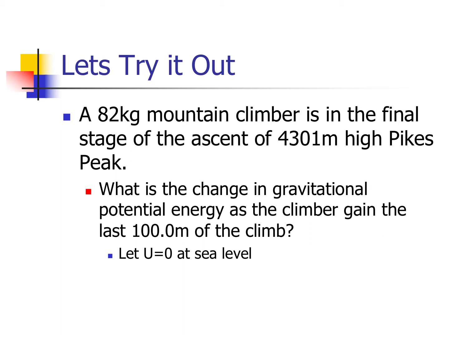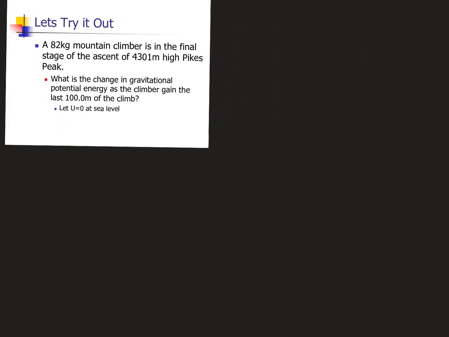So again, two ways to do this. I'm going to resize this a little bit. One way is we need to find the difference in potential energy. So we will have U_f, which will be for the total height, the mass times gravity times h, where h can be y.